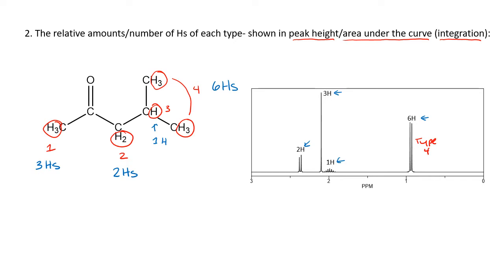For type 3, which is a single hydrogen, it's going to be represented by this set of peaks. Type 1 will be the 3 hydrogens. And type 2 will be the 2 hydrogens here. Okay, so that will help us assign each peak to each group of hydrogens.